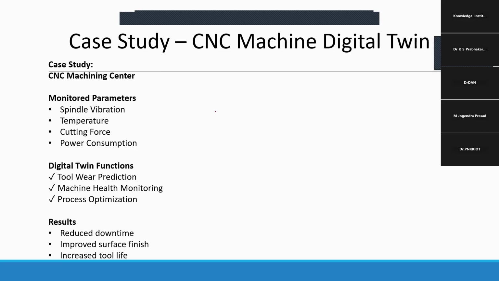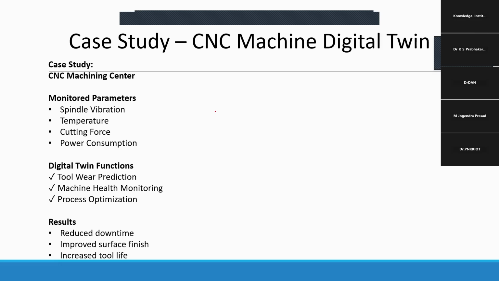Suppose tool wear is one of the main problems, and unexpected downtime also happens in the CNC machine center. Traditionally, the tools are replaced after fixed operating periods. But tool wear does not occur uniformly, or the tool may fail earlier, yet we replace the tool only after certain fixed operating periods.